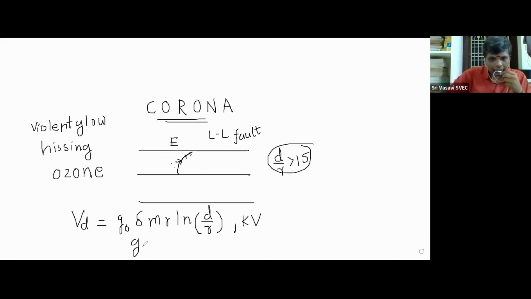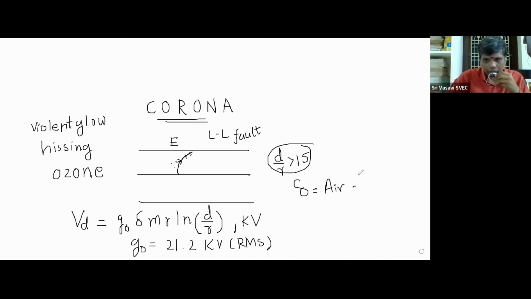So G naught is the dielectric strength of the air. Its value is 21.2 kV, that is the RMS value. And delta is called the air density factor.